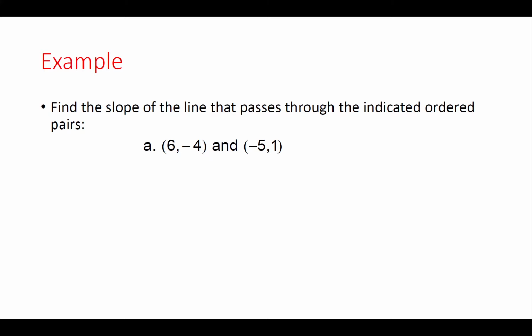Let's say you have 2 points, (6, -4) and (-5, 1), and we would like to find the slope of the line passing through these 2 points. We know the formula: the difference between the y values over the difference between the x values.